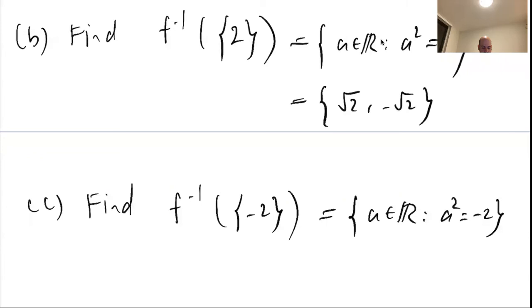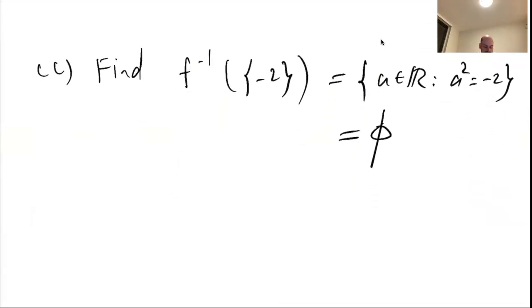a squared equals minus 2, but there is no element a in R with a squared equals minus 2. So this is the empty set. So f inverse of {-2} is an empty set. And that's okay. We said that f inverse of a set is a subset of the domain, but the empty set is also one of the subsets of the domain. So it's okay for the answer to be the empty set.